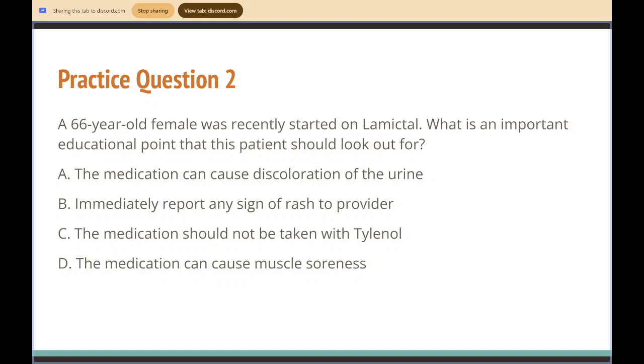Did anyone have any questions or concerns about practice question two? That is an excellent question, and I am going to look that up. I believe it's a type of hypersensitivity reaction, but I'm just going to clarify that for you. I'm going to mute for a second to cough. Great question.